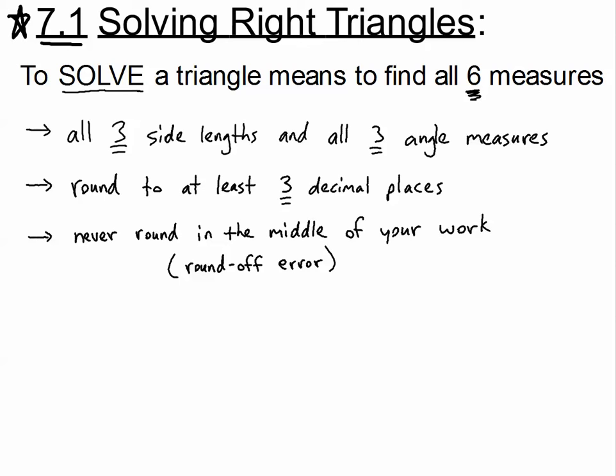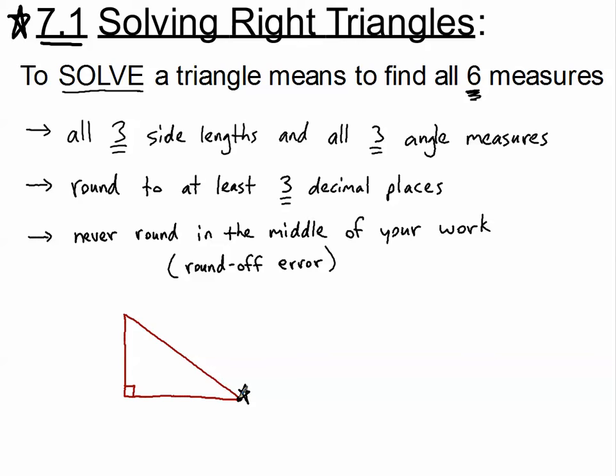So I've referenced sohcahtoa. Let's talk a little bit about that. Let's say we have a right triangle. There's our right angle. Depending on which acute angle you're standing on, I'll just put a little star right here suggesting that I'm standing right here because it all depends on where you're standing.